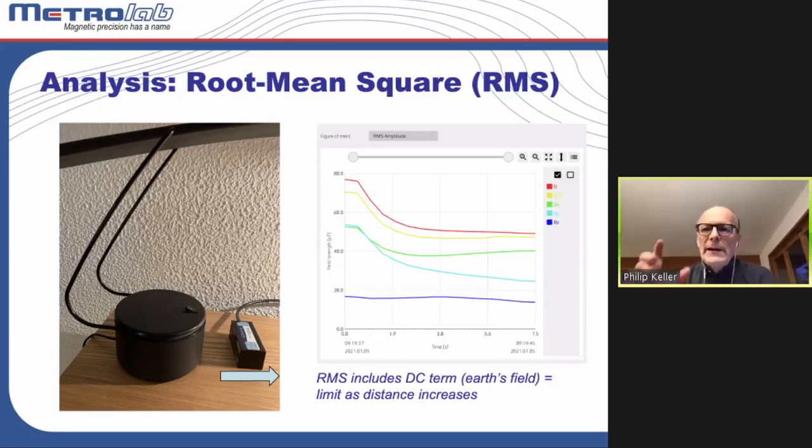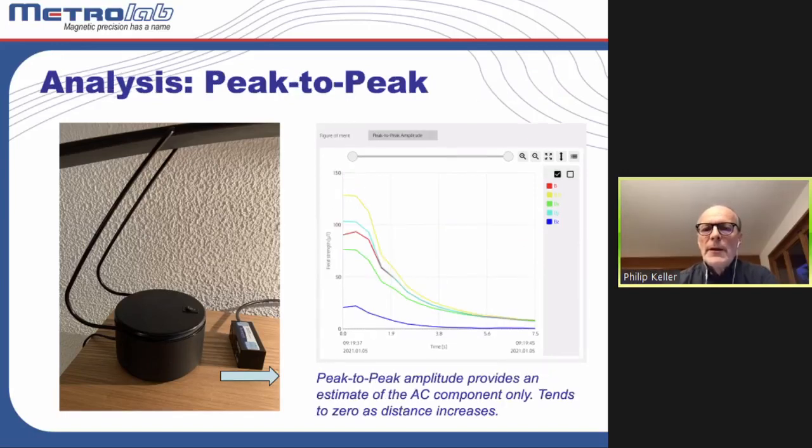Now, if you're only interested in the AC component, then there's another measure, which is the peak-to-peak amplitude of that B dot B prime that we just calculated before. And as you can see, as I move it away from the source, it tends towards 0, right down here. Now, if you've ever used peak-to-peak measurements, you know that they're very sensitive to even a single outlier. It will completely change the value of the peak-to-peak amplitude. So it's an unstable measurement.